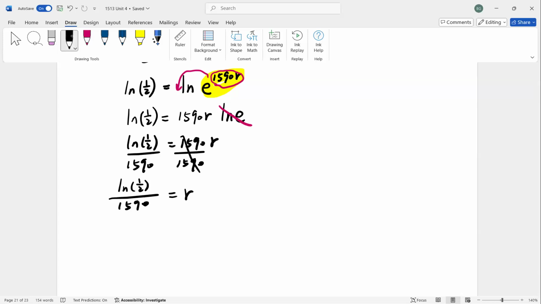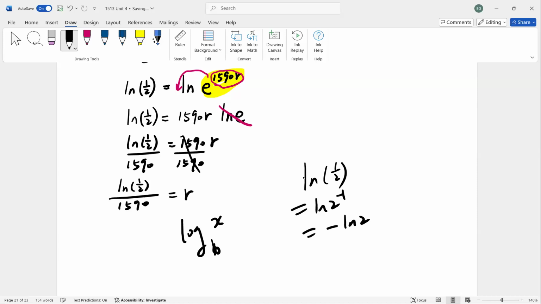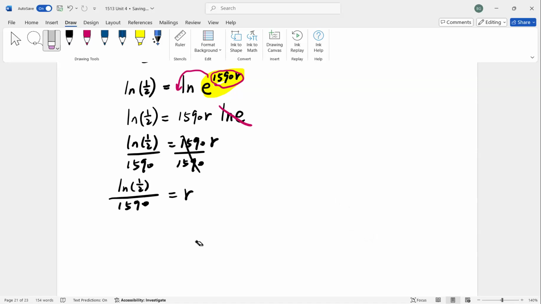Because ln half is ln 2 to the power of -1, which is negative ln 2. If we have a log where both the base and the argument are bigger than 1, then the log is positive. So ln 2 is positive, and with the negative sign in front of it, it is negative. So the numerator is negative, the denominator is positive, r is negative. That makes sense because we are looking at an exponential decay problem.